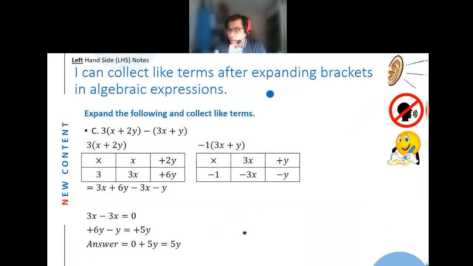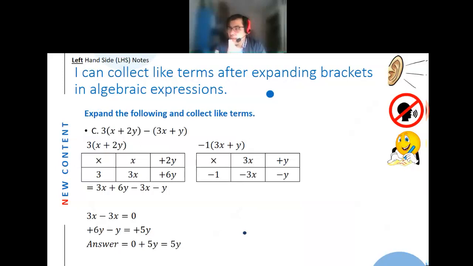As long as you follow the steps, doing it step by step, you will get it right. The important thing is you follow the steps. Don't skip any step until you are very, very confident with dealing with these questions.